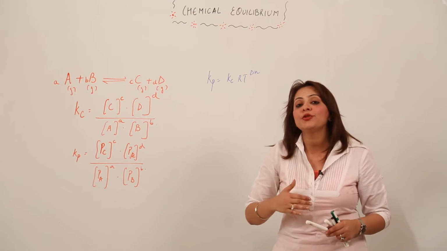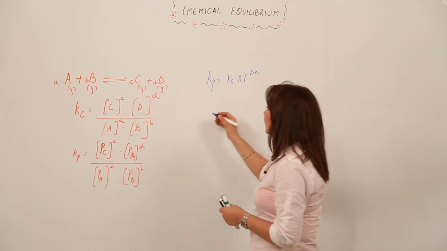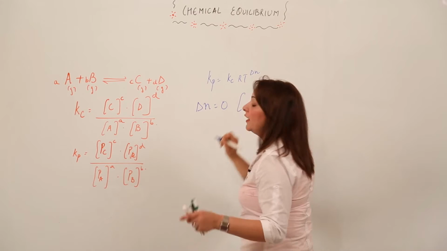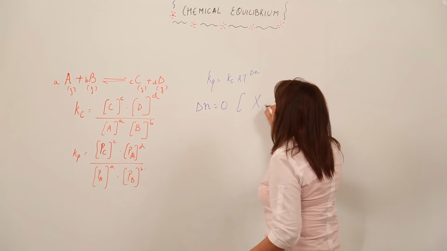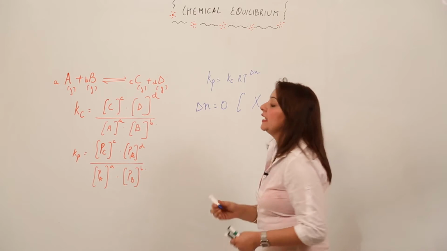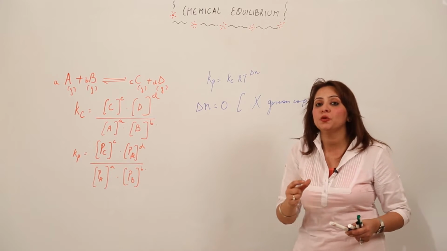So we need to have three different conditions. When delta n is equal to 0, that means the reaction does not involve any change in gaseous moles, so the delta n is going to be 0.